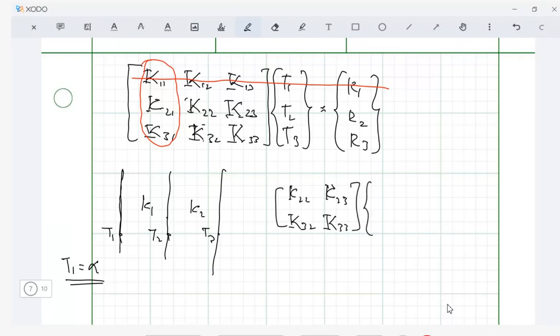Note that T1 is already known, equal to R2 and R3.